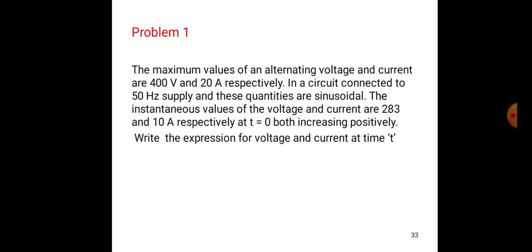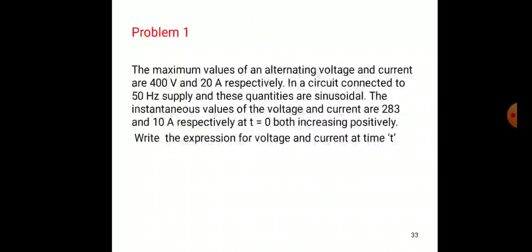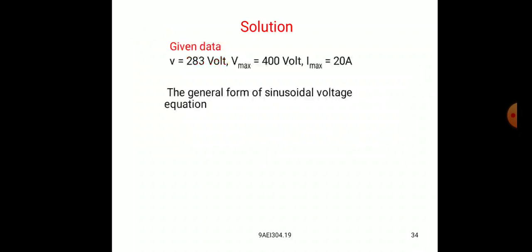The instantaneous values of the voltage and the current are 283 volts and 10 amps respectively at t equals 0, both increasing positively. Write the expression for the voltage and the current at a time t. All the values are given, and from that we need to find the instantaneous waveform.